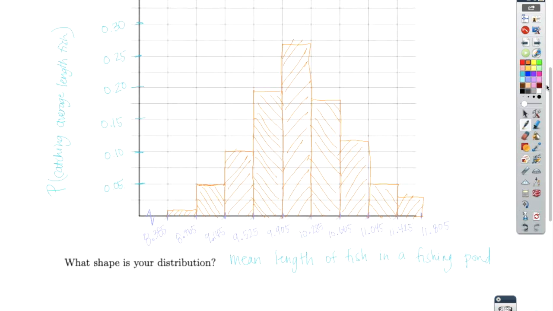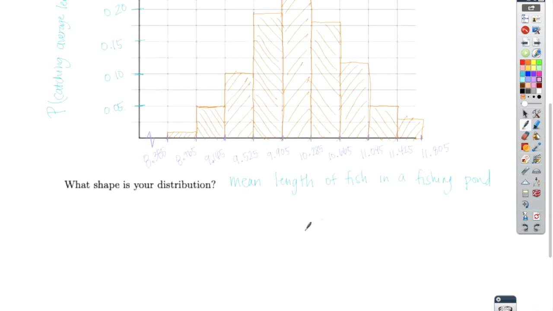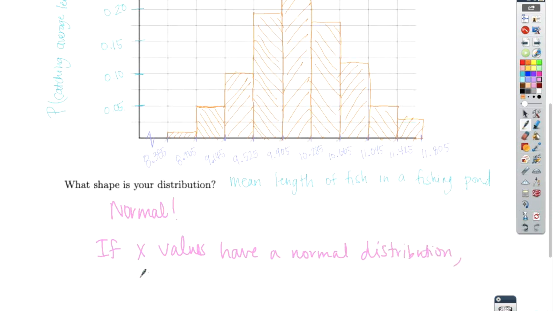So one of the things that we're going to see in section 7.5, coming up next, is that if your original data, if your x values, have a normal distribution, then your x bar, your sample mean distribution, will also be normal.